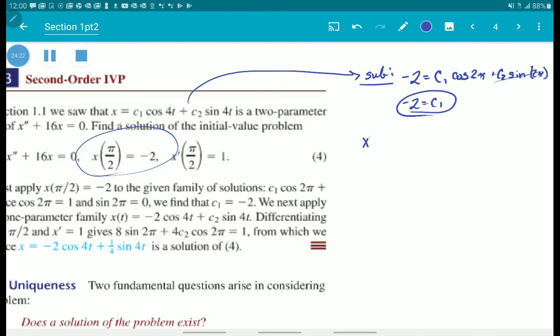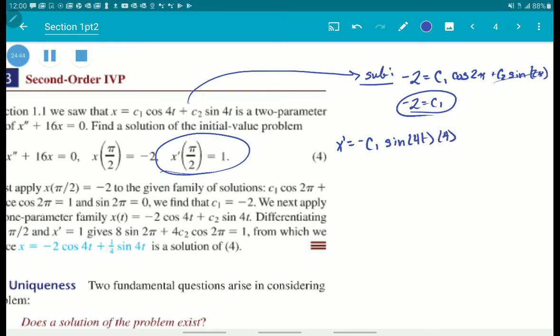And now we need to find x prime, since this initial condition lives on the derivative of x. So if we were to find that derivative, and I'm going to move this over so I have more room. Derivative of the cosine is a negative sine. This is a chain rule.